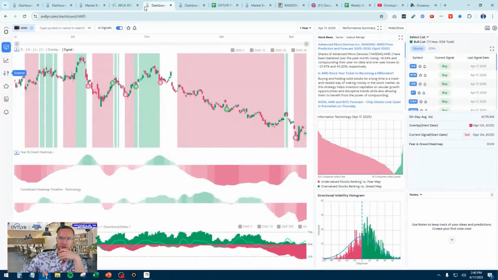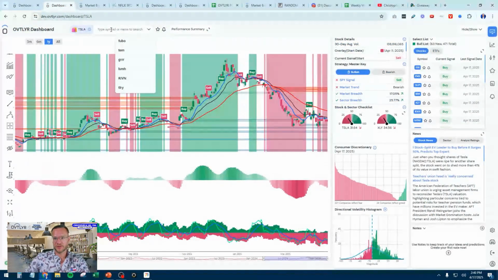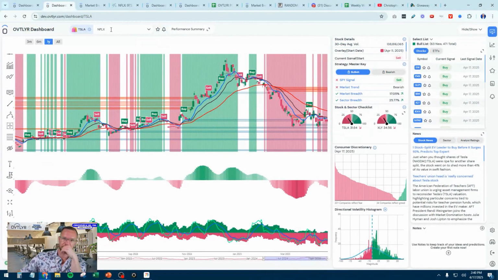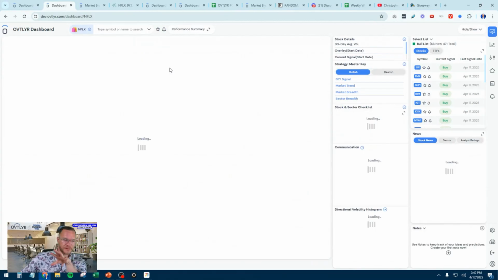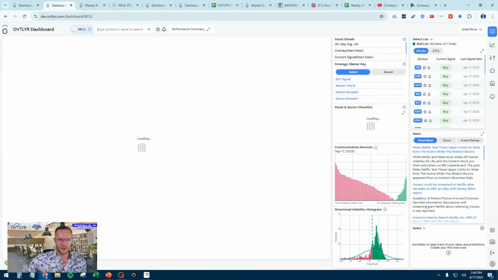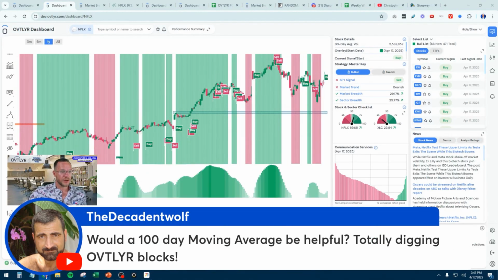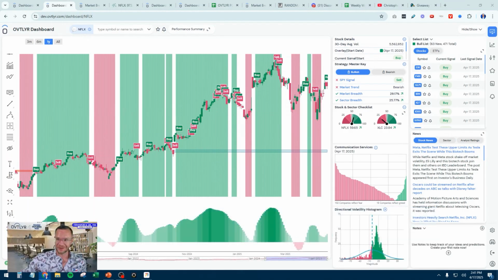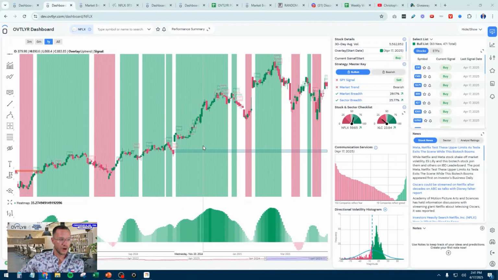However, if we go into Outlier 3.0 and we type in Netflix, NFLX. And like I say, this is slow because it's in dev. Let's let that load. Question, would a 100-day moving average be helpful? Totally digging the outlier blocks. Yeah. So we are having more and more indicators being built in. As of right now, it's not there yet, but we are building in basically every indicator there is.